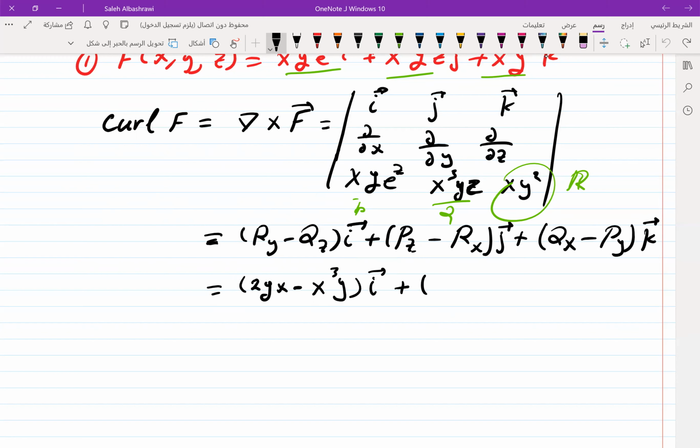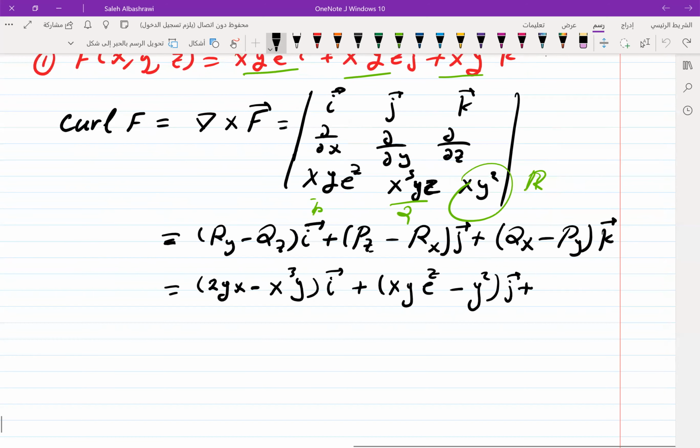Plus P sub z; differentiate the first one with respect to z, it is just the exponential function and the others are constant, so it is x y e to the power z... that is, e to the power z times the constant. Minus R sub x; differentiate R with respect to x, I will have y squared.